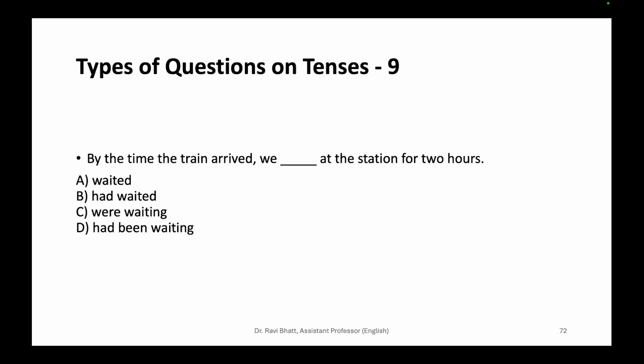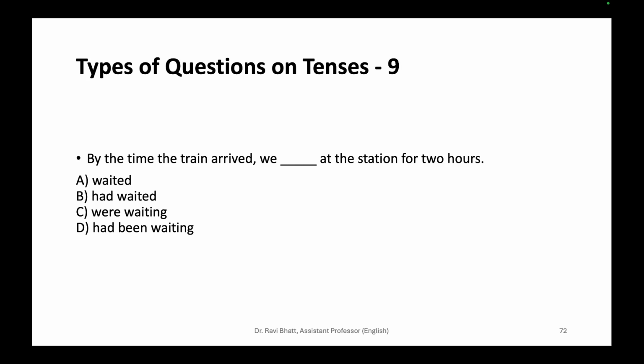Now, by the time the train arrived, we blank at the station for 2 hours. So, by the time the train arrived, we waited, we had waited, we were waiting, or we had been waiting. Now, again, like I said, here in this particular reference, one action, the train's arrival, is there. However, before the train's arrival, there was an action that was going on.